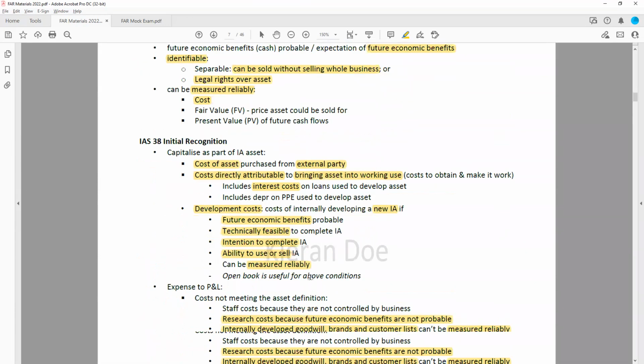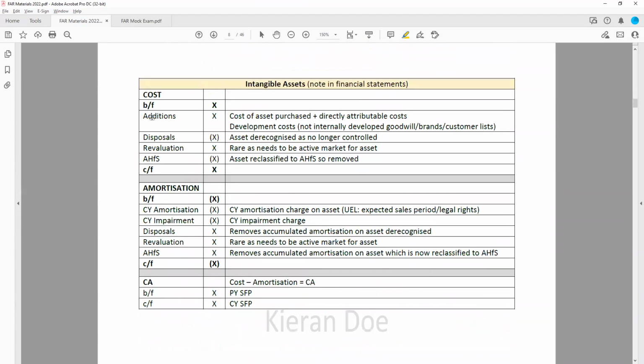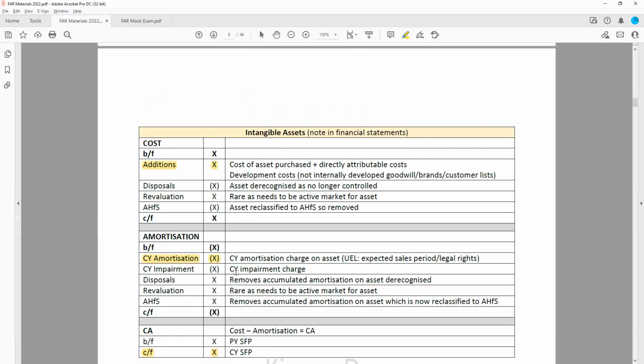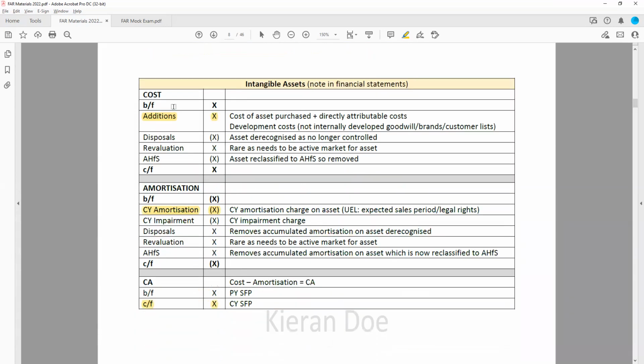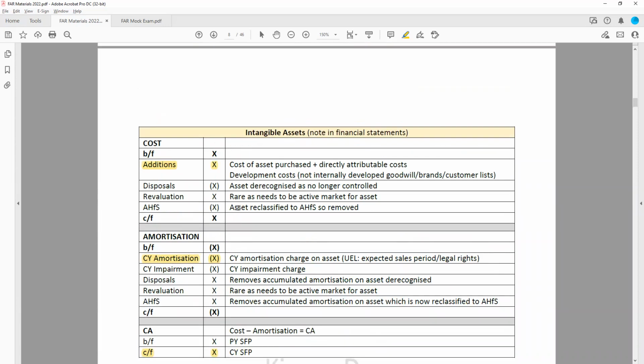But again, the fundamental accounting is the same. You acquire the asset, you capitalize it, then you amortize it, then you get down to your carrying amount. When you dispose of it, you're going to have a profit or loss on disposal. You could possibly revalue it, could possibly be classified as held for sale. But much less likely that they would be selling it because of its uniqueness, but it is possible.